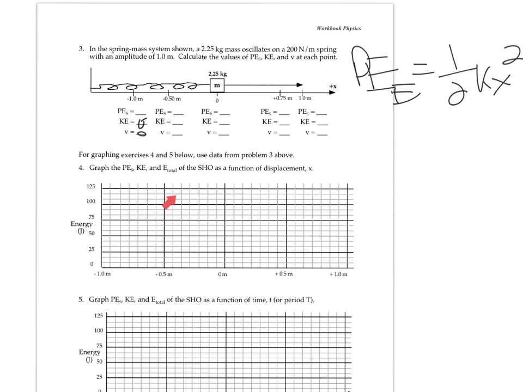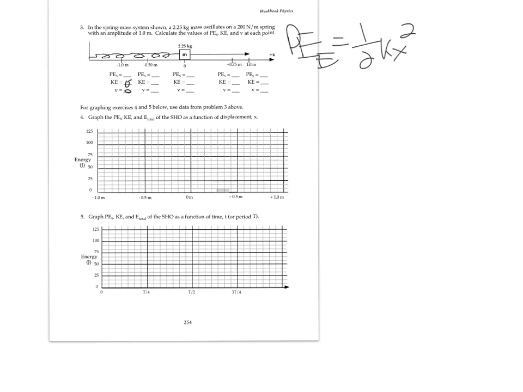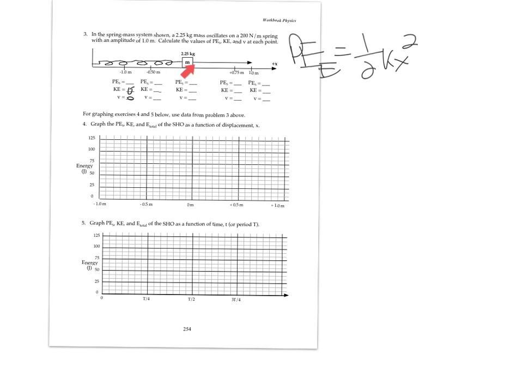And then all you're doing here is you're taking your numbers from here and you're graphing them down here, right? So when it's at -1, maybe do 3 different color dots, red, green, and blue, and then graph those on the graph. And then down here, you're doing it in terms of the period, right? Remember, if it starts here, goes out, that's t divided by 4. That's 1/4 of the time it takes to do 1 cycle.